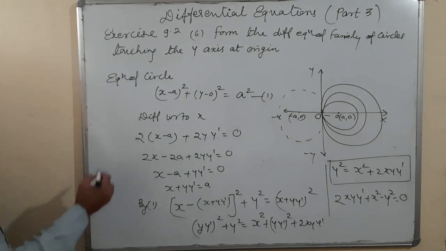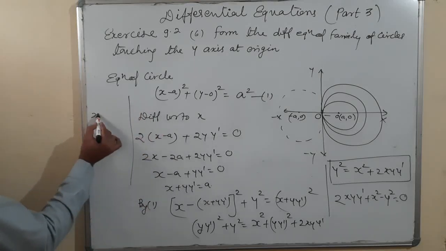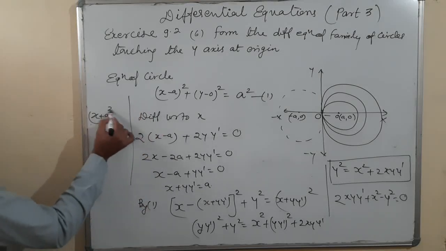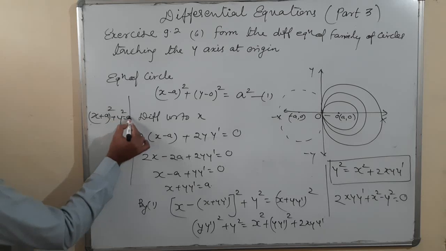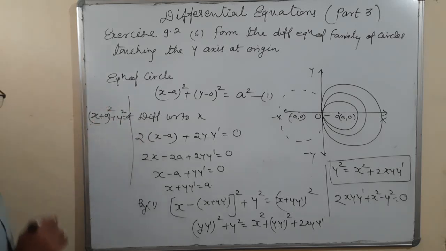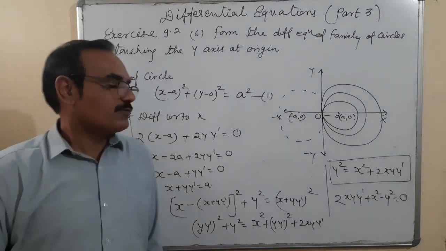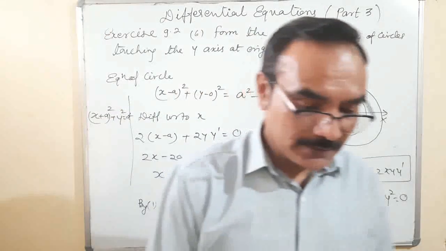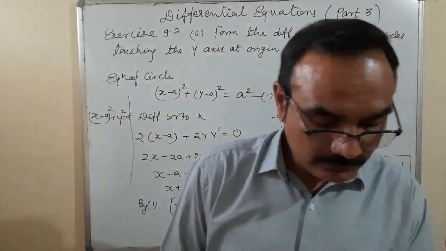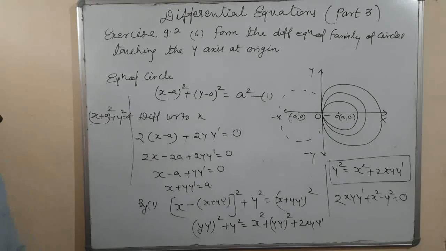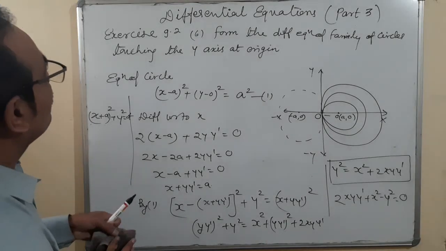And the second case also can be done, x plus a whole square plus y square is equal to a square. Okay, using the same process. So the differential equation of it. Clear? Okay.